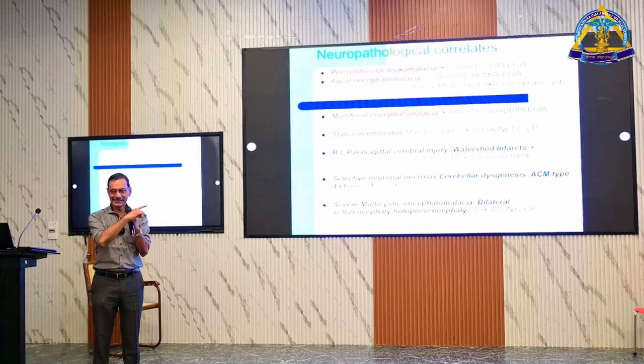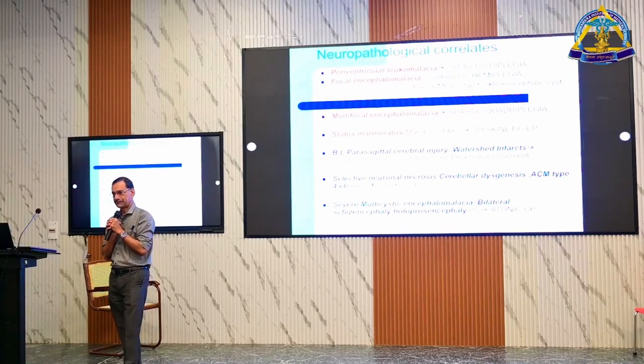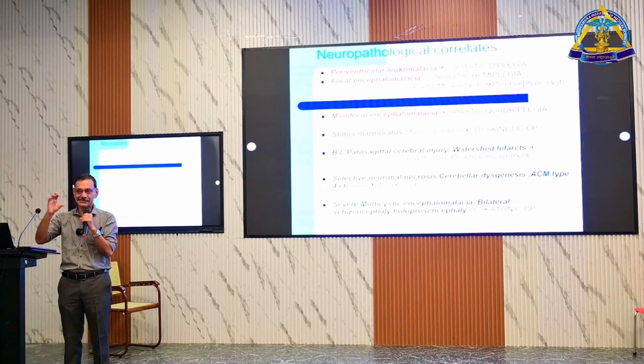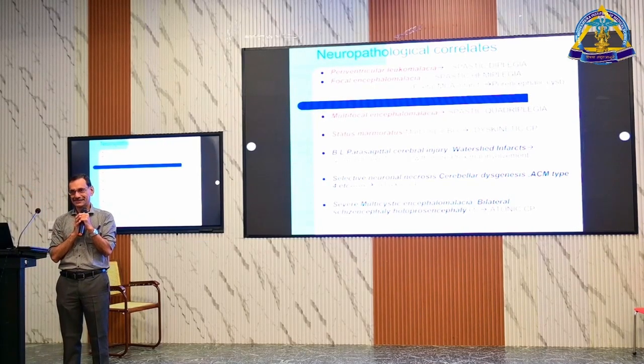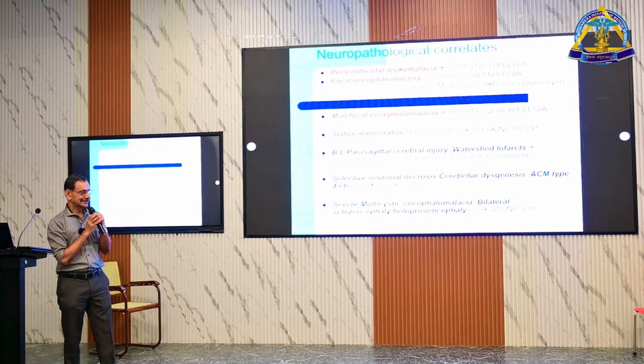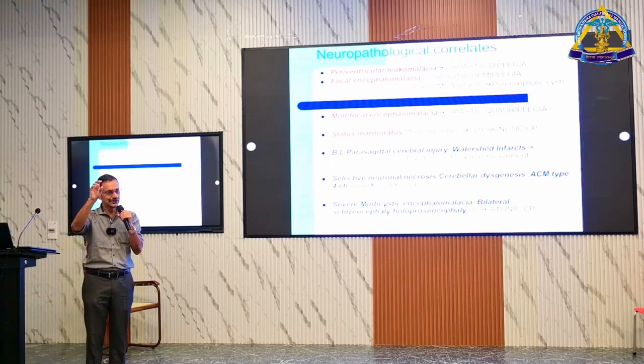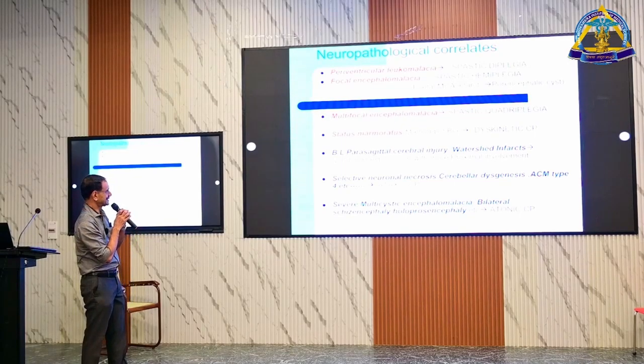And the other thing is, suppose there is kernicterus or severe birth asphyxia, your extrapyramidal system is gone, right? So when a part is gone, that is repaired by gliosis. That means glial tissue proliferates.